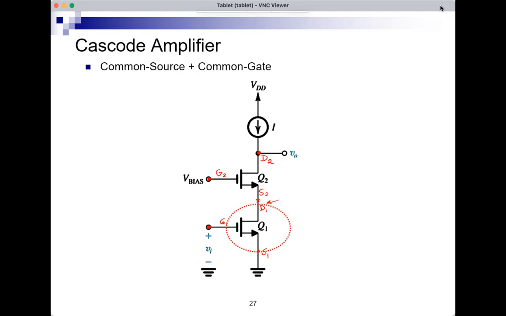Now the intermediate output becomes the input for Q2, and the input for Q2 is at the source of Q2, at S2. The gate of Q2 is grounded, signal ground, because it's a pure DC voltage. And the output for Q2 is at the drain. When the input is at the source, the output at the drain, and the gate is signal ground, that's a common gate.